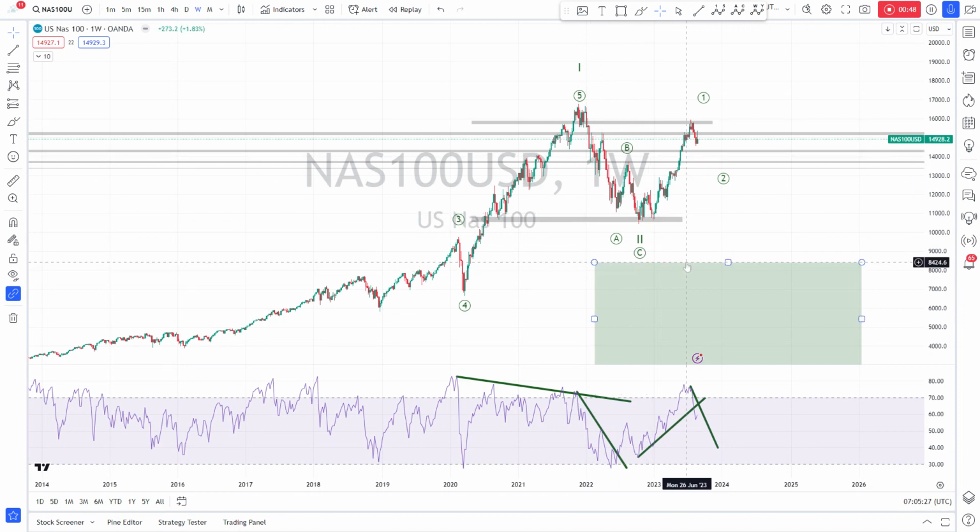We were supposed to go into this area here, like this is the area where wave 2 should go. We should normally at least reach the 0.5 fib level, but sometimes it happens that we have more shallow wave 2s.